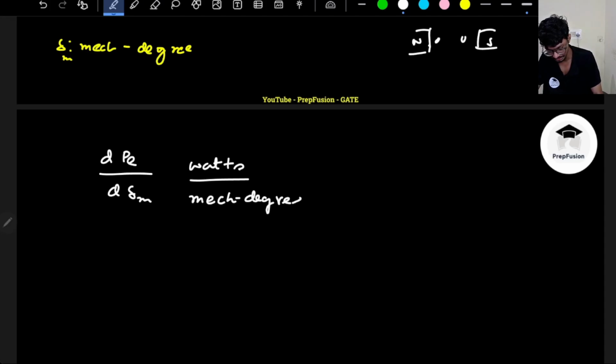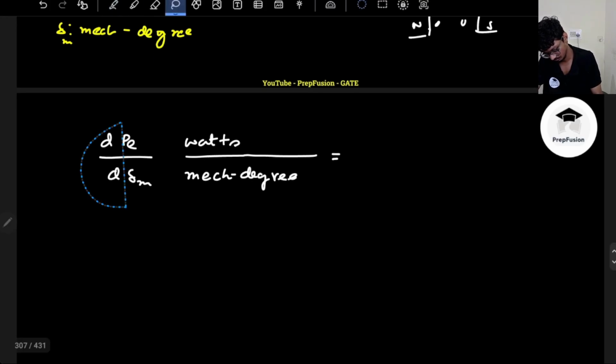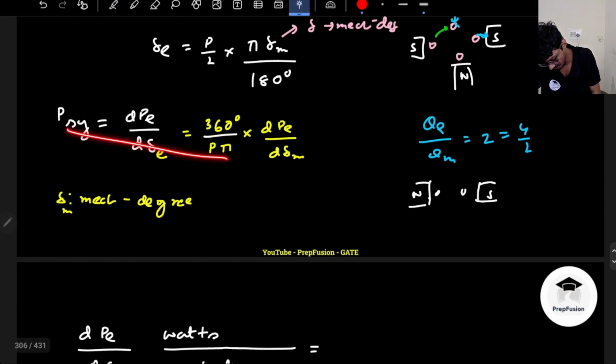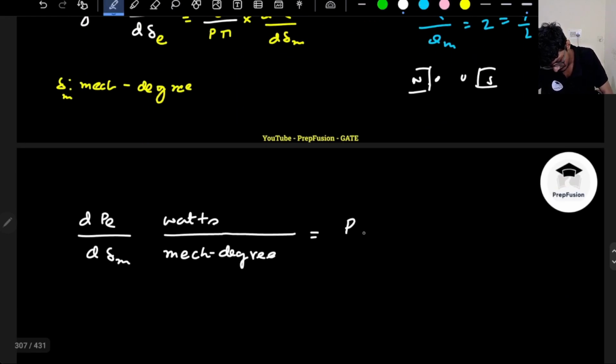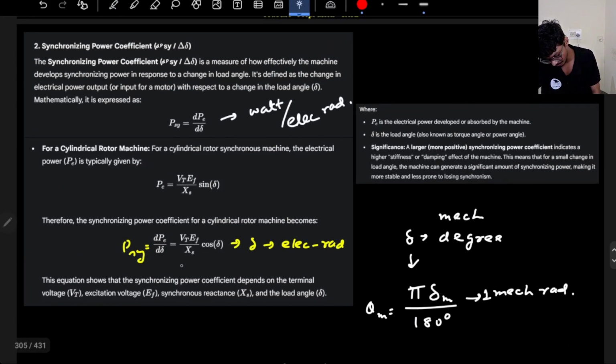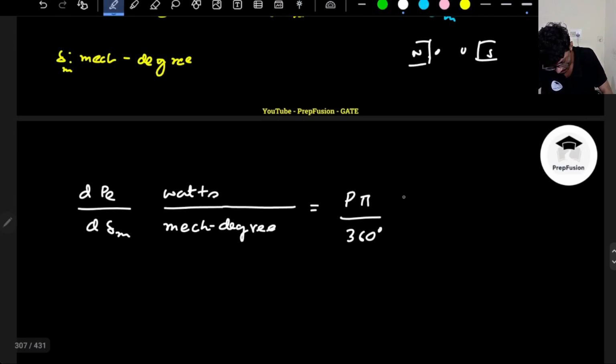Just doing unit conversion, that's it, will be equal to P pi upon 360 into synchronizing power. Now what is synchronizing power? We have already derived it. Synchronizing power is this value, EF Vt by Xs into cos delta. So I will replace it.